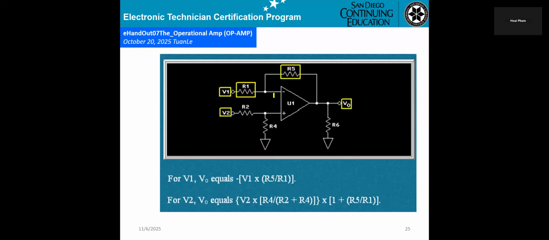So V1 will be an inverting amplifier. Okay? And when you want to work on V2, then you have to ground V1. Okay? It will be a non-inverting amplifier. That will tell you that you can get V out inverting or non-inverting.